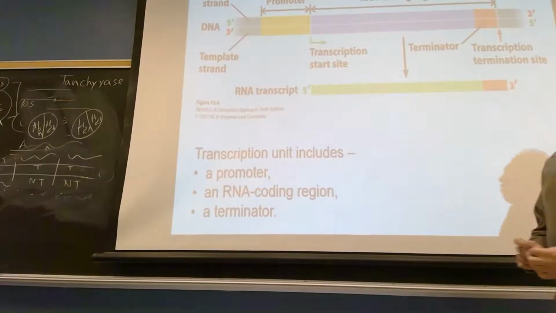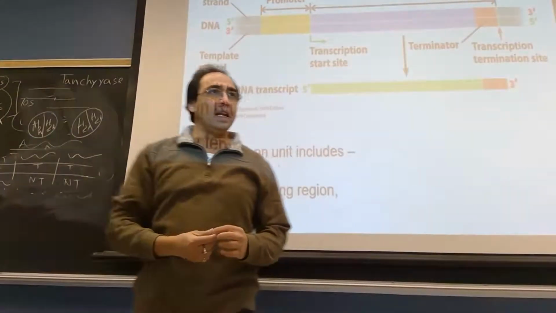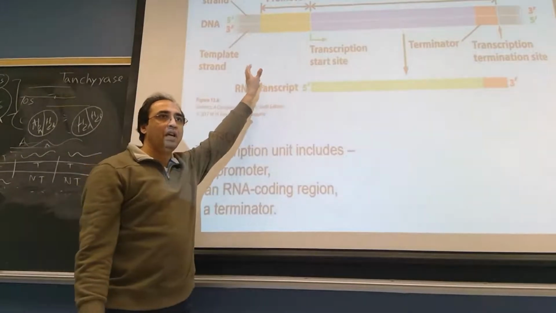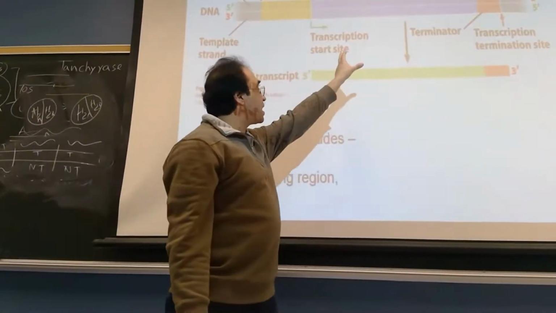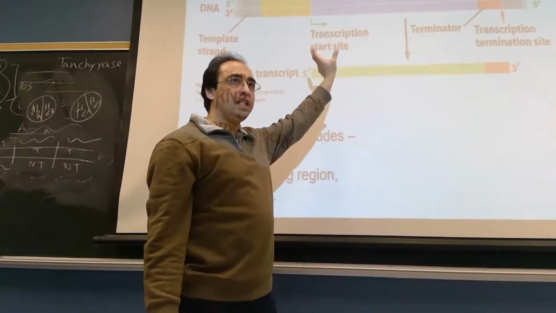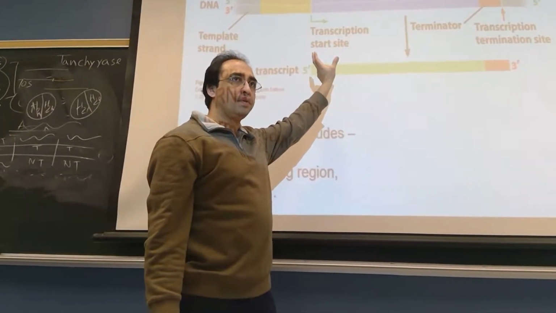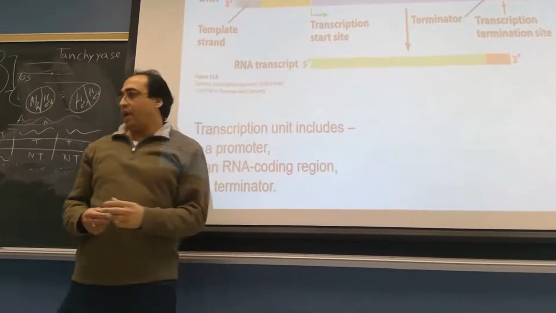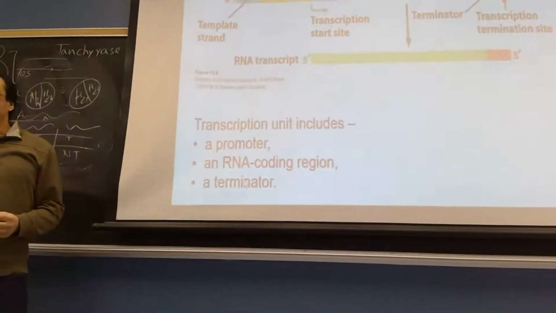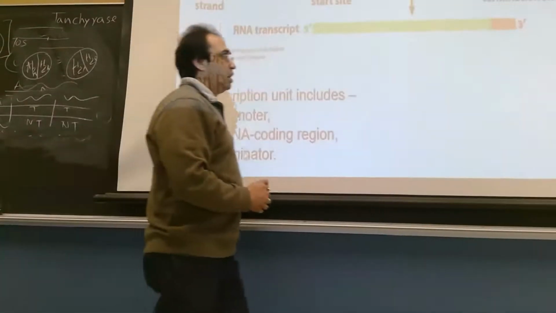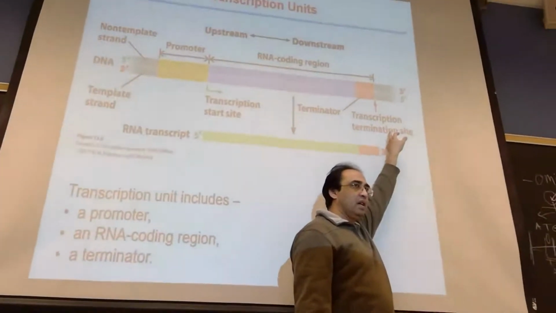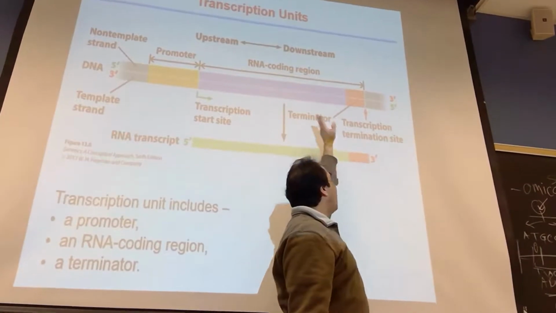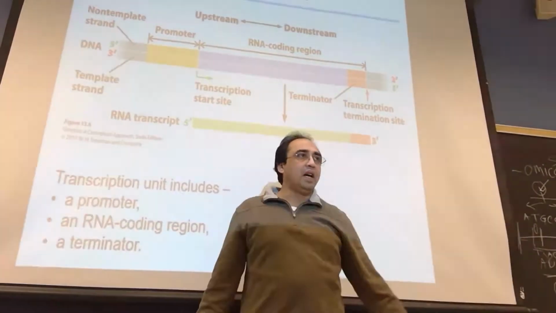Then there is a certain non-functional part, and then the actual functional part. From this functional part, called the RNA coding region, the mRNA will be produced. Then another is called the transcription termination site. When the RNA polymerase comes here, it will terminate the synthesis.